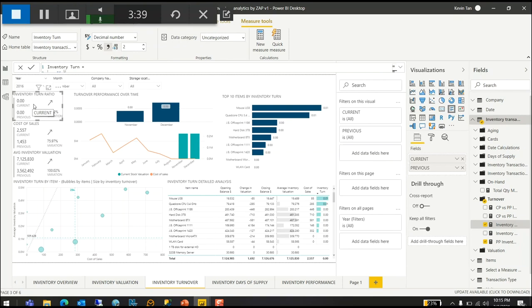So our inventory valuation is very high, but our cost of goods sold is too small. If I look at the right as well, I notice that a lot of our items here, as it's broken out, have a very low inventory turn. That just tells us the massive amount of stock we hold on hand and the really dwindling and declining cost of sales, which is our sales position.